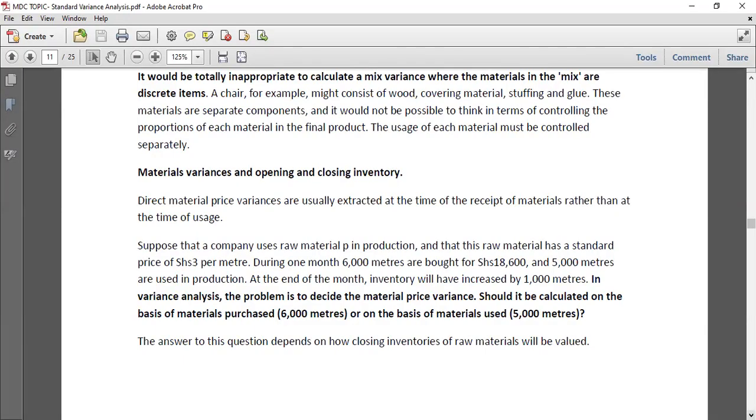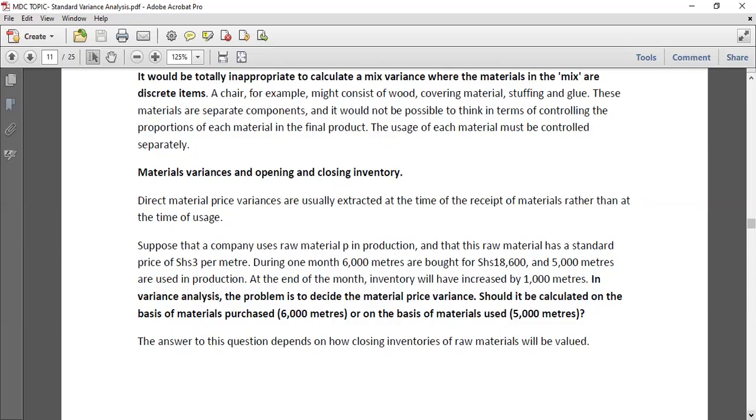As you can see, 6,000 meters should have cost 6,000 times the standard price per unit. So we are saying that at the end of the month, inventory will increase by 1,000 meters.